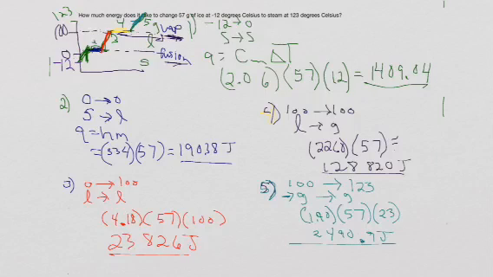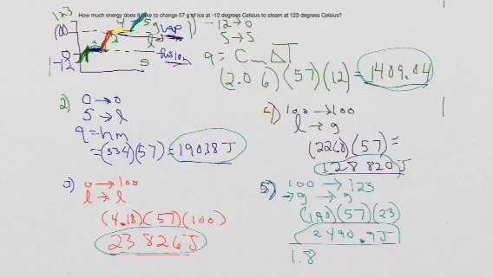Then you add all those together and you get your answer. So we add 1,409.04, 19,038, 23,826, 128,820, and 2,490.9, and you should come out to about 1.8.